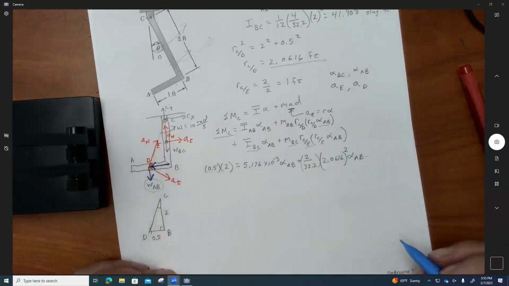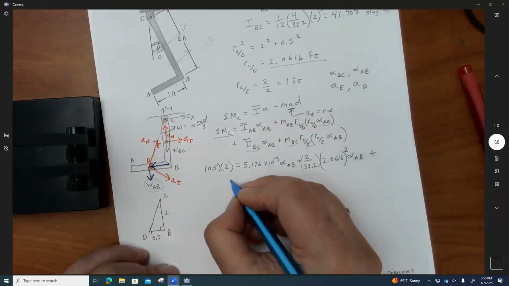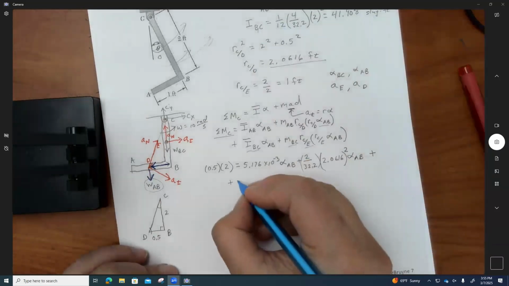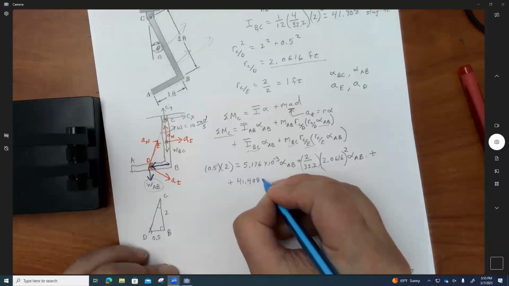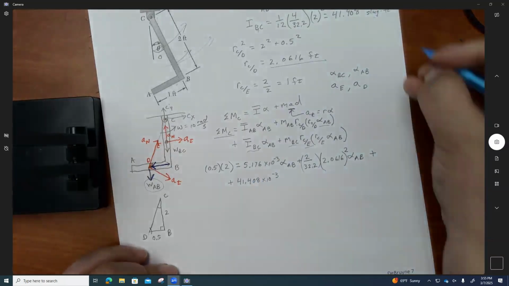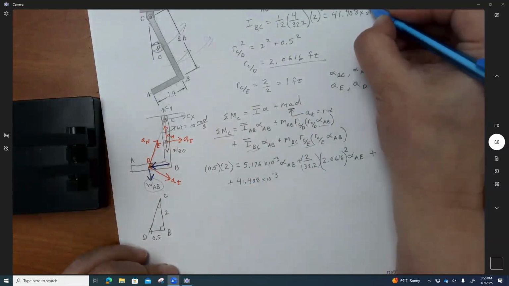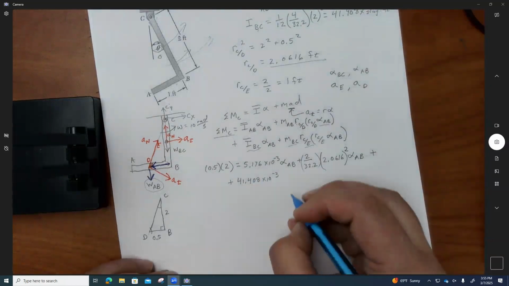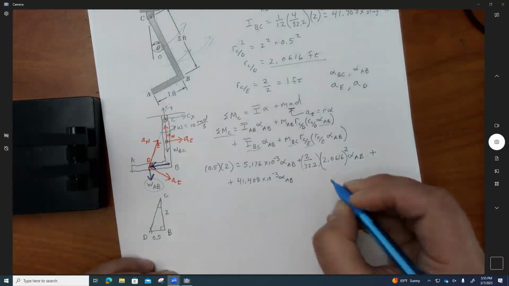We've taken care of the bottom piece. Now we're adding to that. Let's start another row. The I bar of BC, 41.408 times 10 to the minus third. Looks like I messed up there. 10 to the minus third. There we go. And we're going to multiply that by the same alpha.